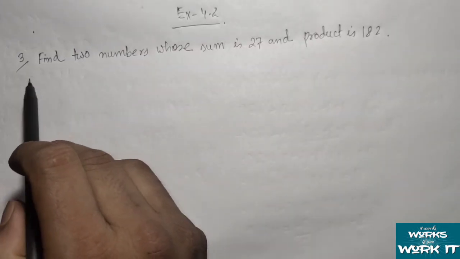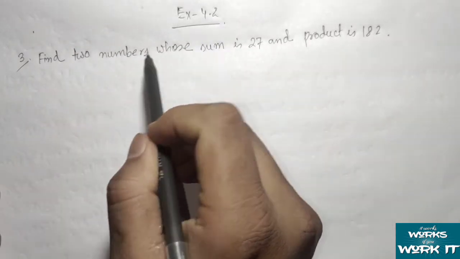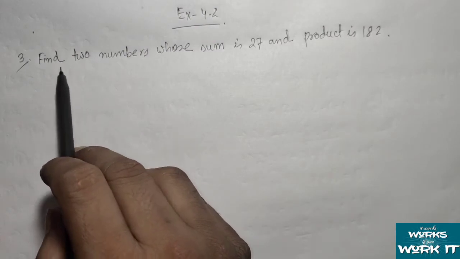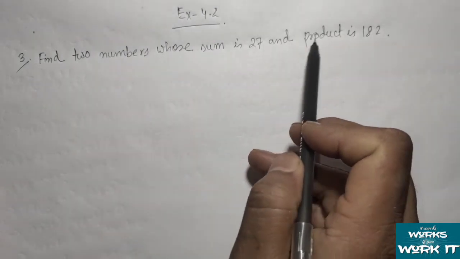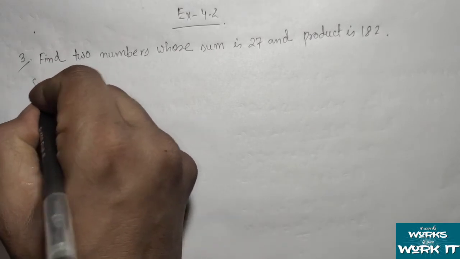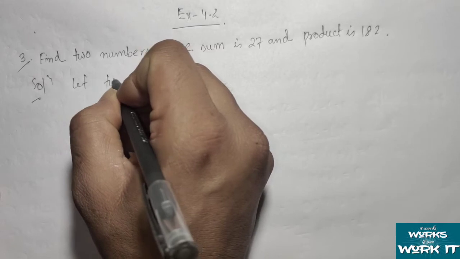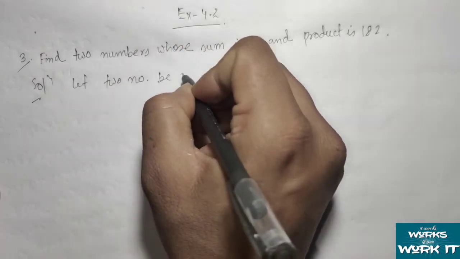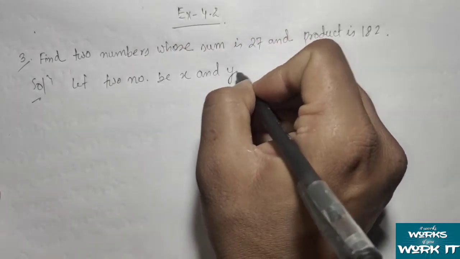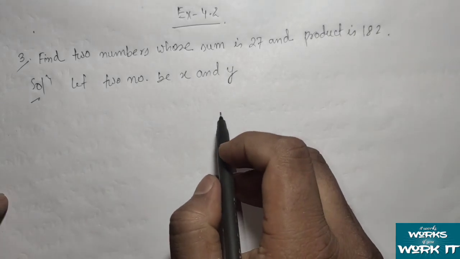So students, now we will be doing question number 3 of exercise 4.2, and it is: find two numbers whose sum is 27 and product is 182. So we need to find out two numbers. So let the two numbers be x and y.